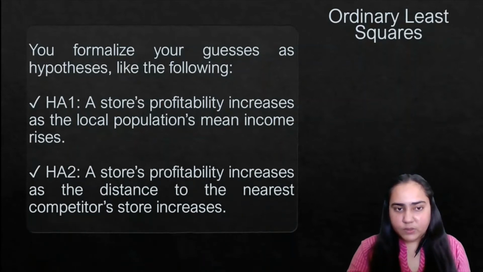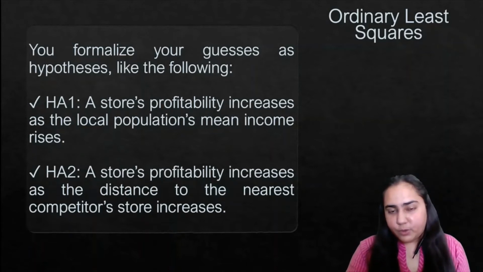And the second hypothesis is that a store's profitability increases as the distance to the nearest competitor's store increases. Obviously you don't want your competitors' stores to be very close to yours, and so your profitability would definitely increase if your store is away from your competitor's store. So this is the second hypothesis which you want to test.